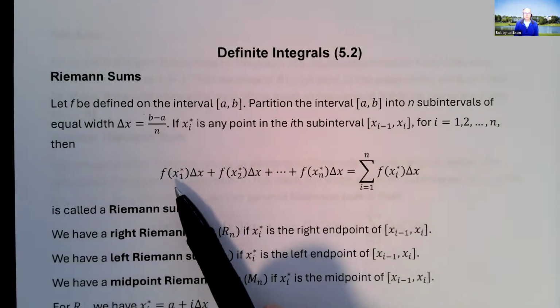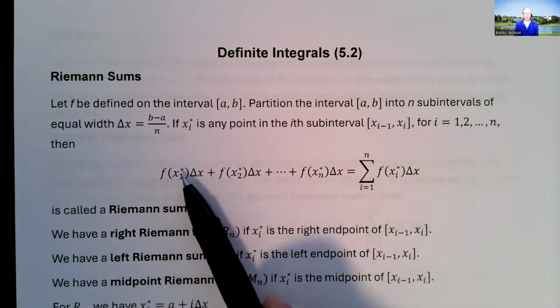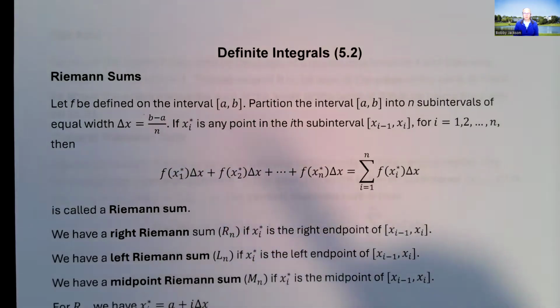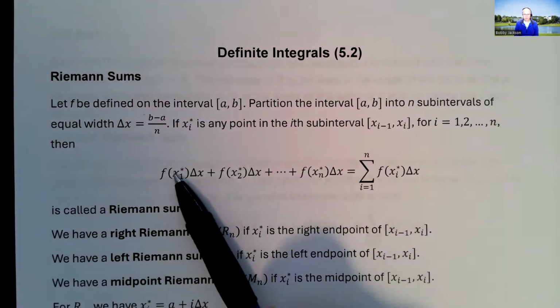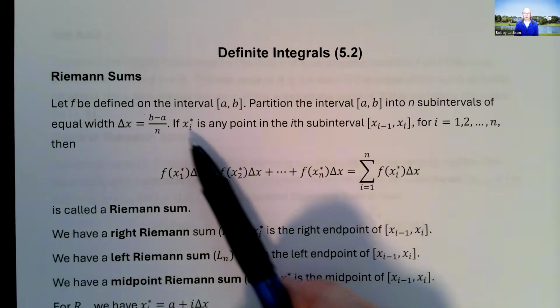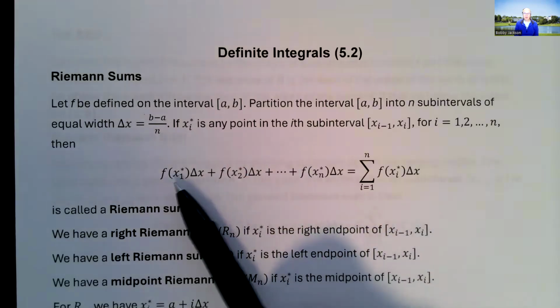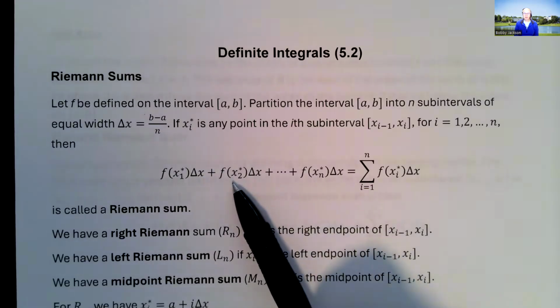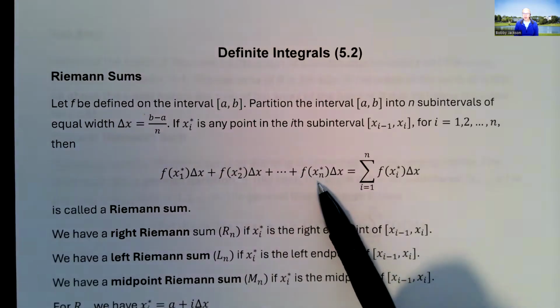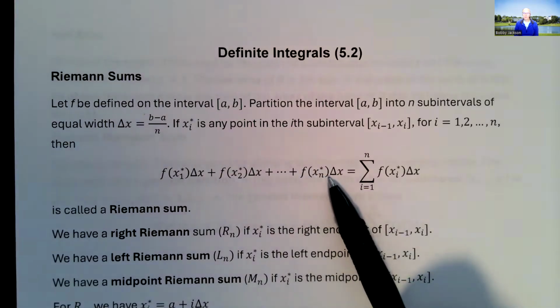For each subinterval, we will determine the height, in quotes, of a rectangle by evaluating the function at this x sub i star on the ith interval, times the width. And then I'll do the same thing for the second subinterval and the third and the fourth, all the way to the last, or nth, subinterval.